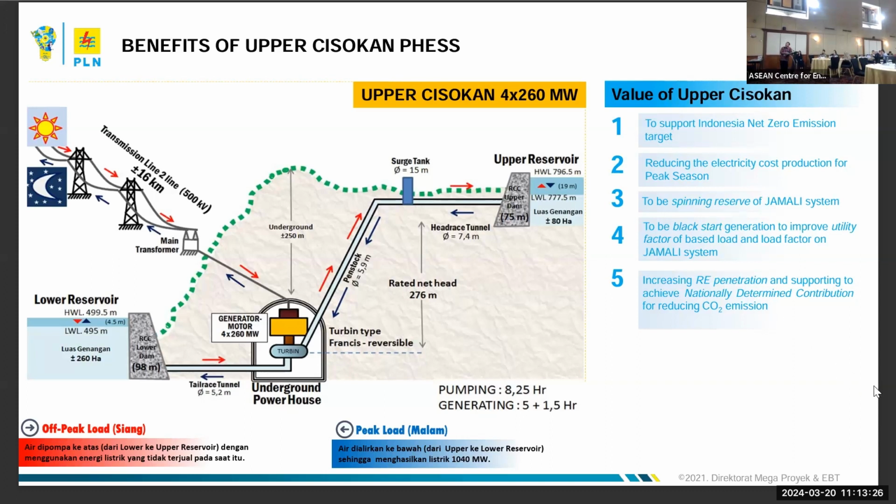Number 4 is black start, to improve utility factor, base load and load factor for the Jamali system. And the last one is, of course, to increase renewable energy penetration and support achieving the NDC to reduce CO2 emission. For this project, we hope it can increase the penetration of renewable energy by 0.9, almost 1%, of the overall electricity fuel mix in Indonesia.